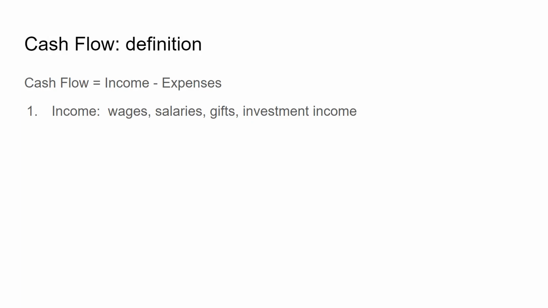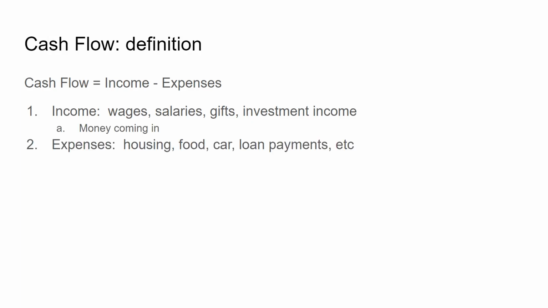Income: wages, salaries, gifts, investment income. Okay, like gifts, I'll say like regular gifts that you're receiving, let's say from parents or whoever every month. Investment income, if you're receiving that every month, that's money coming in. Expenses, basically housing, food, car, loan payments, insurance, rent if you're paying rent or mortgage, et cetera, et cetera.